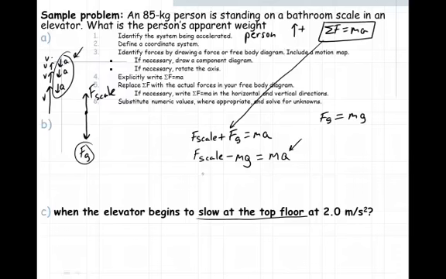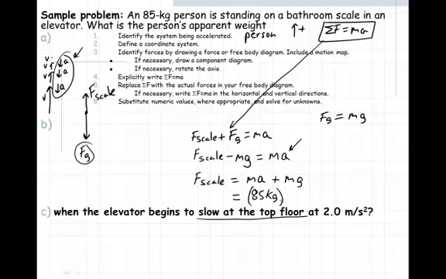So again, we're going to solve for the force of the scale. That's going to equal the mass times acceleration plus mg, because I moved it over here. So I'm going to plug in my value for my mass, which is 85 kilograms.